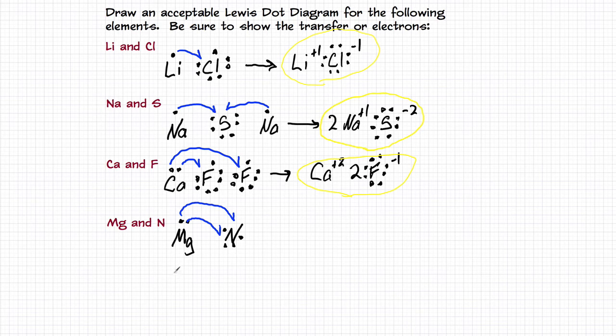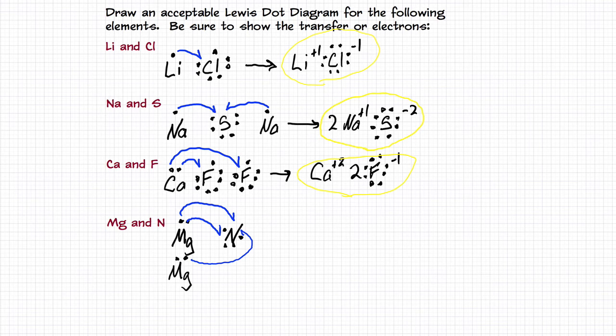So let's just go ahead and add another magnesium. And let's go ahead and transfer that electron over. Okay, so that makes that nitrogen happy with 8 electrons. But now we've got the magnesium, who now has an extra electron.